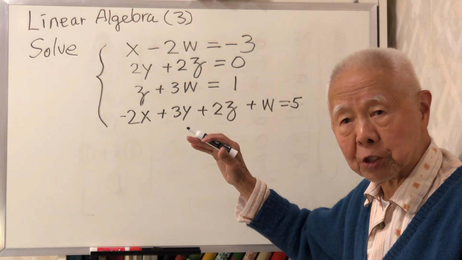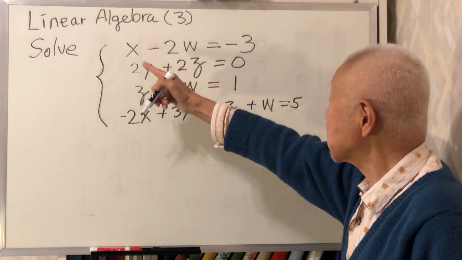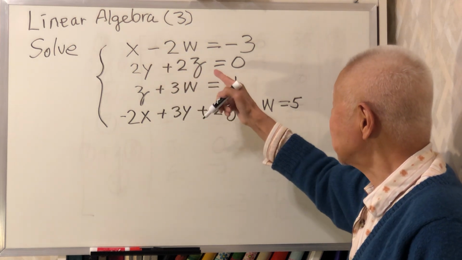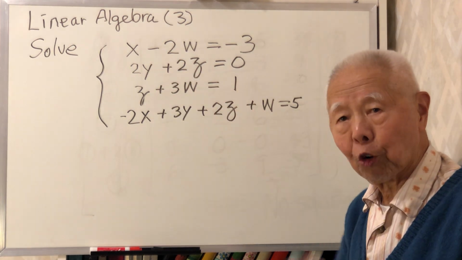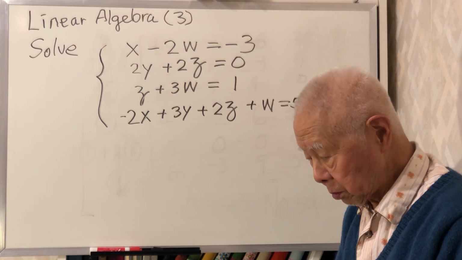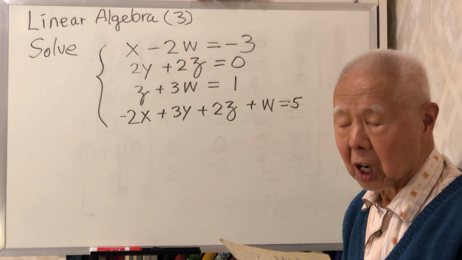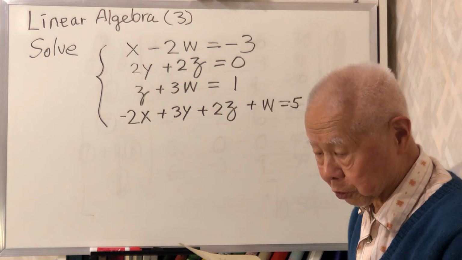I have 4 equations and 4 unknowns, X, Y, Z, W. First of all, let's write this using matrix.